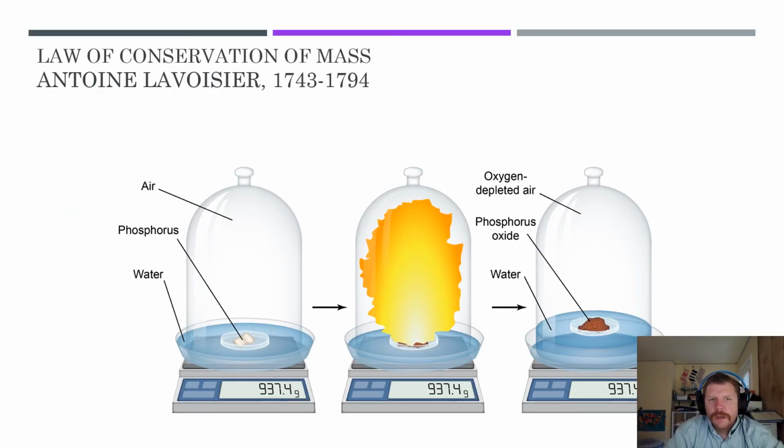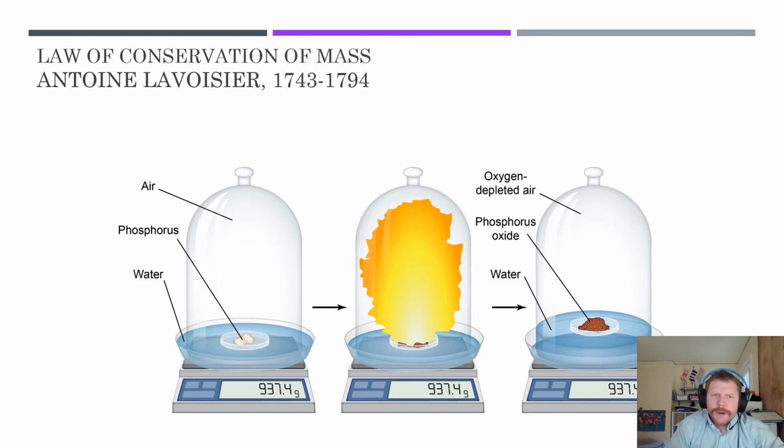What you see in this slide right here is basically a demonstration of a phenomenon known as the law of conservation of mass. It was Antoine Lavoisier who came up with this theory.